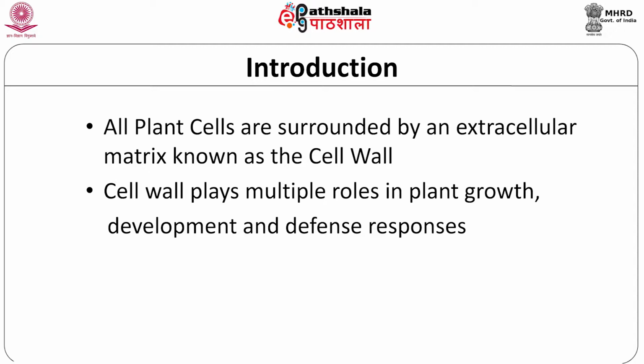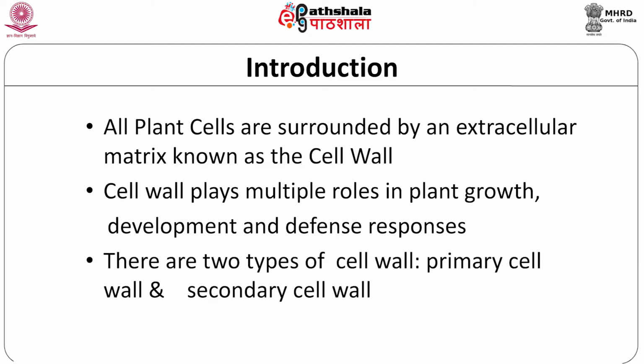Electron microscopic observation and use of different stains indicate a non-uniform, varied nature of the cell wall in different cell types. Like epidermal cells, there are two types of cell walls, primary cell walls and secondary cell walls.